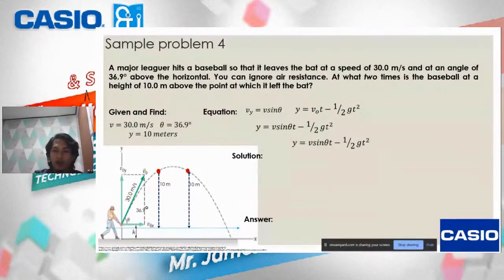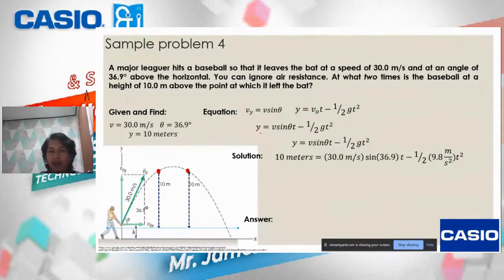So, our equation will be 10 meters, which is our Y, equals 30 meters per second times sine 36.9 times t, which is what we are looking for, minus 1/2 times 9.8 meters per second squared times t squared.